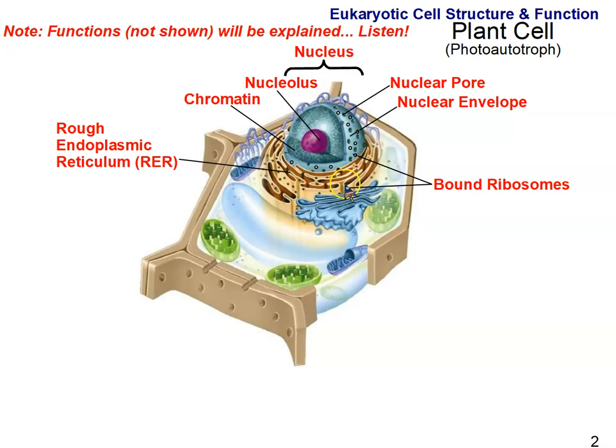If you'll recall, that's the process of translation, taking the message that's in messenger RNA and translating it into the amino acid sequence in a polypeptide or protein. That's what happens at the ribosomes. So that gives you some indication that the ribosomes on the nuclear envelope are making proteins for the nucleus.